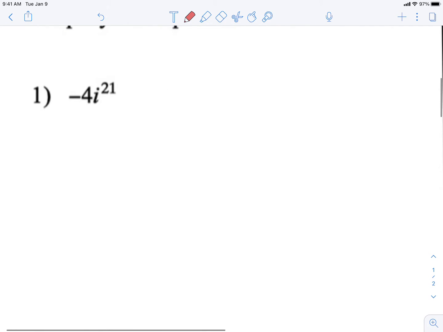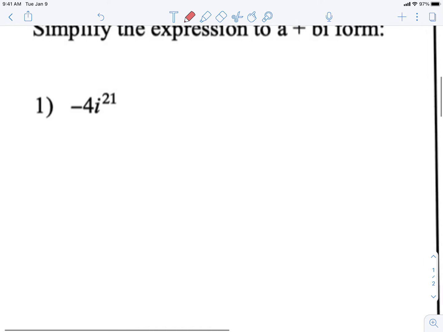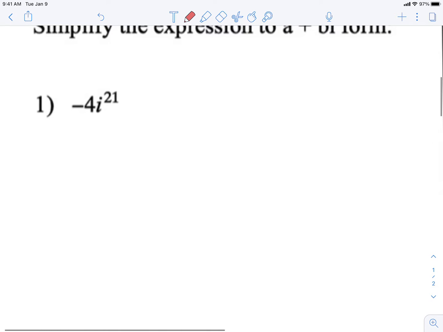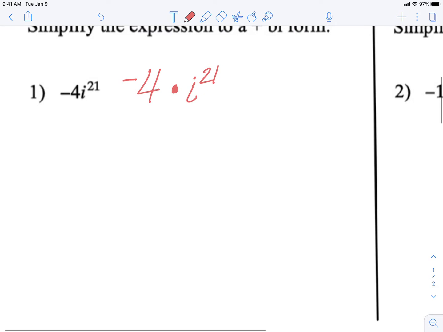So this is what we're going to do. We're going to separate negative 4 and I to the 21st power. So this is negative 4 times I to the 21st power. So let's figure out what I to the 21st power is first.